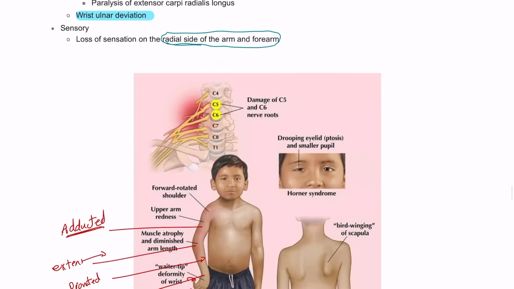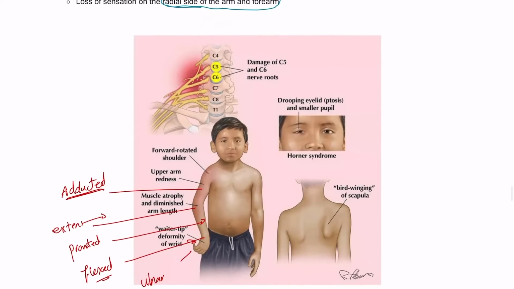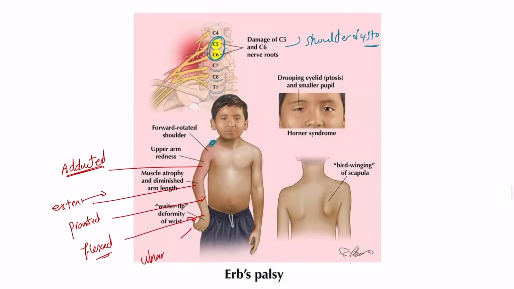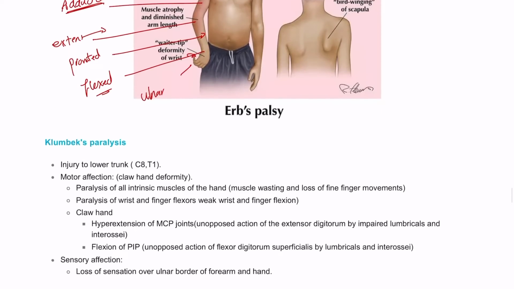So these are the paralysis of C5 and C6, or injury to C5 and C6, which will happen with shoulder dystocia, and can also happen with a Pancoast tumor, or any tumor that causes compression on the proximal part of the origin or the roots of the brachial plexus.